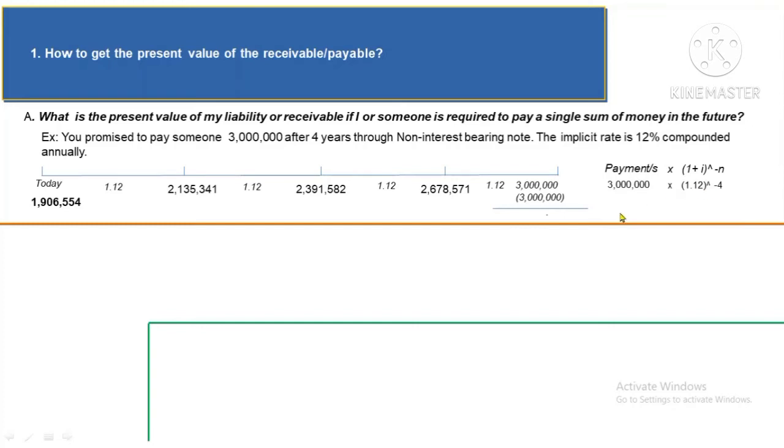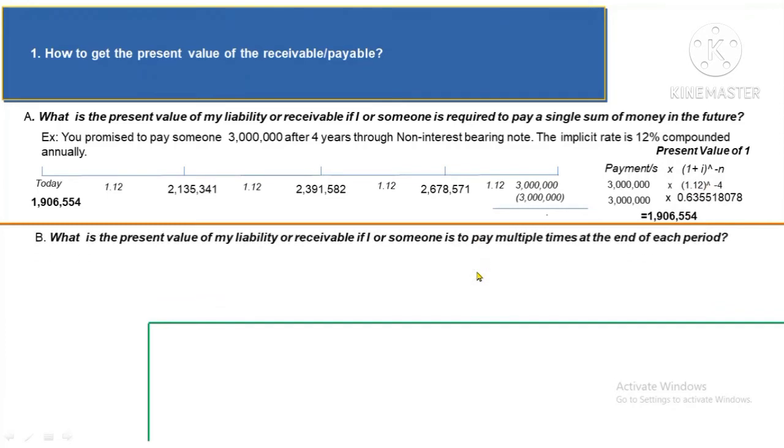So to summarize, we have 3 million times 0.635518078, which is the answer for 1.12 raised to the power of negative 4. So 3 million times this one, you will have 1,906,554, which is the same as the result in our timeline analysis. And by the way, this 1 plus i raised to the power of negative n is what we call the present value of 1.